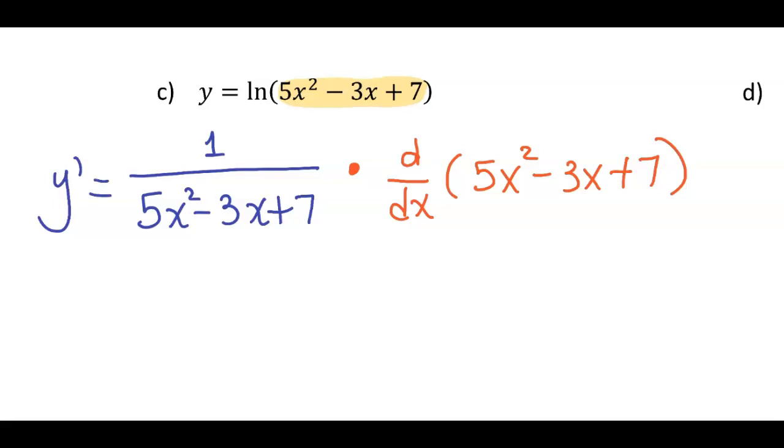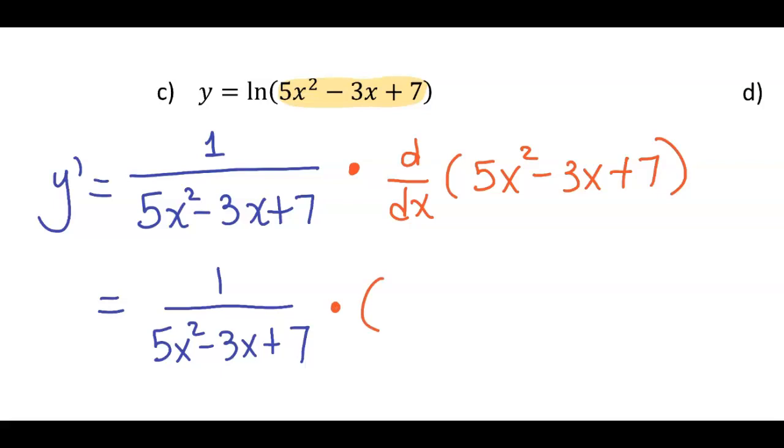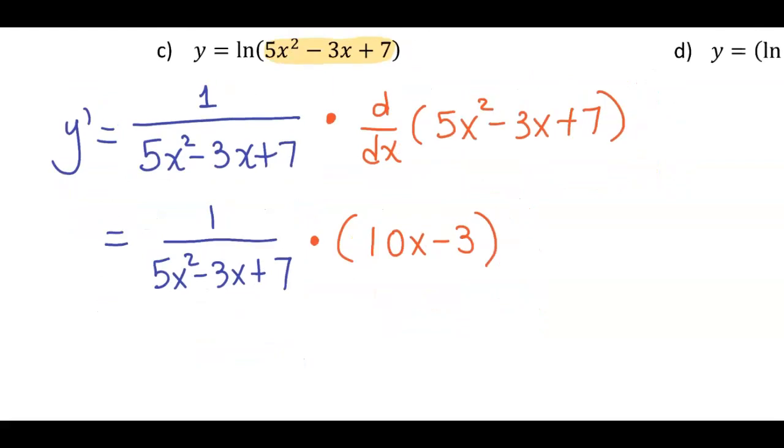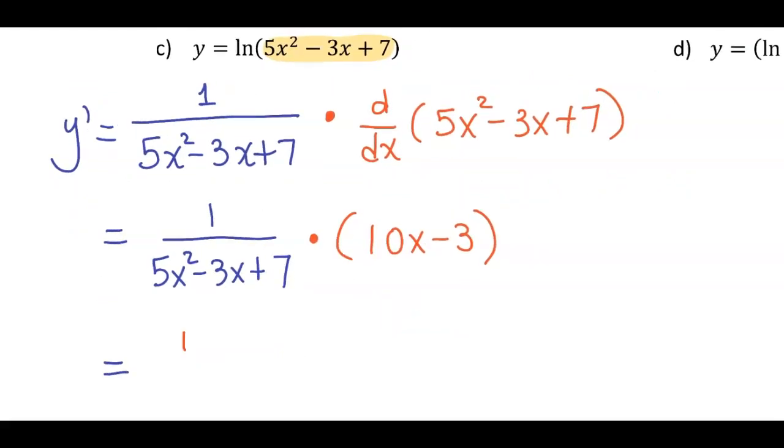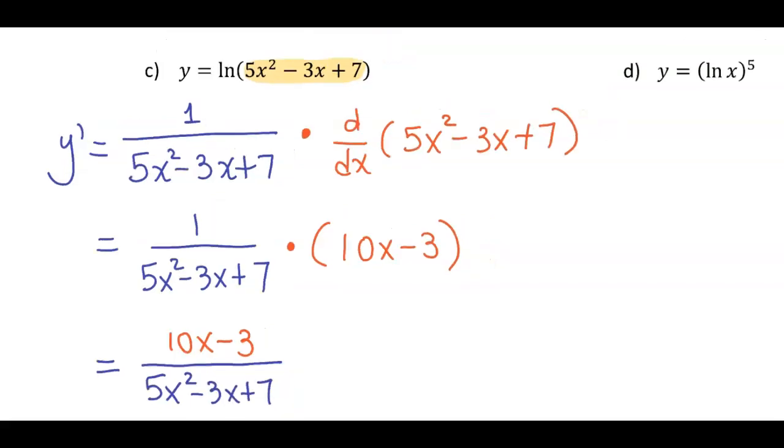So that means I will have 1 over 5x squared minus 3x plus 7. And if I take the derivative of that trinomial, I will get 10x minus 3. So all I need to do to write my final answer is put that 10x minus 3 on top of the fraction, and in the bottom of the fraction will be that trinomial. Okay, so guys, that's what we do.